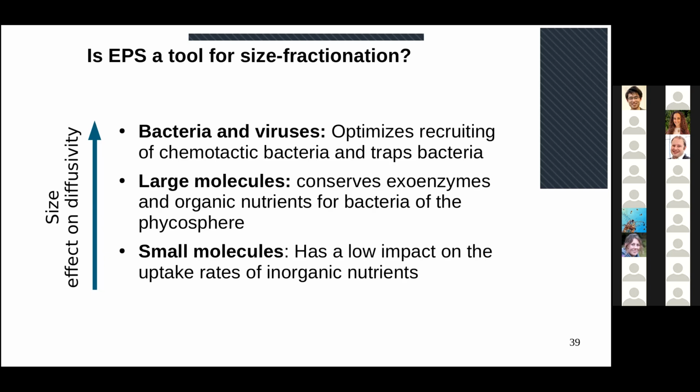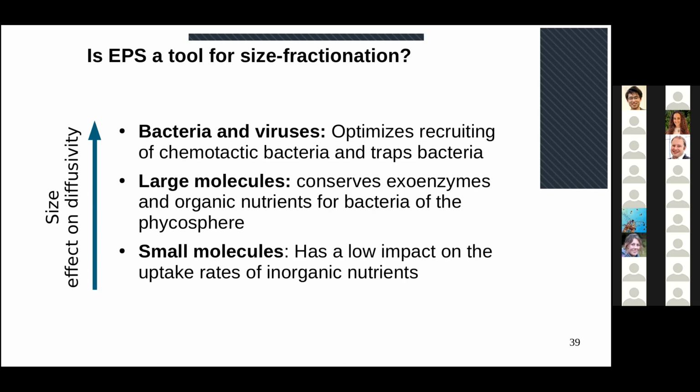It also has a positive effect on bacteria, because the large molecules will suffer a decrease in their diffusivity. So exoenzymes released by bacteria, or the organic nutrients with which phytoplankton maybe feed bacteria, will not diffuse away that fast.